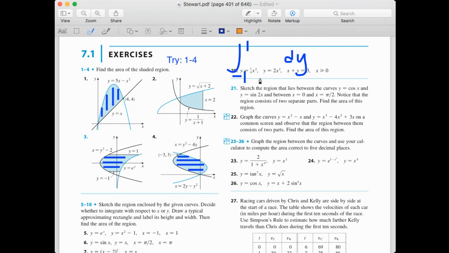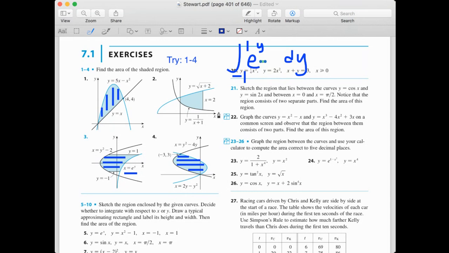The formula says use the right function, subtract the left function. What's the right function? Function of x in terms of y. Do you see this x is the function in terms of y? Yes. So e to the y, right? So the integral is e raised to y.